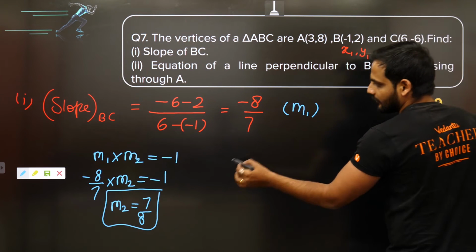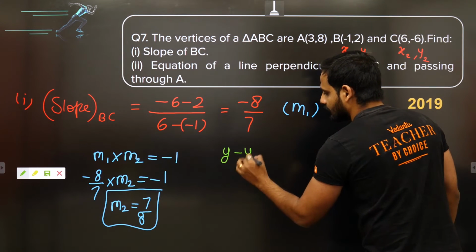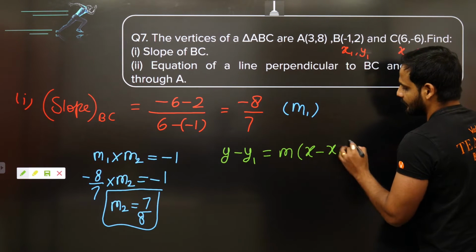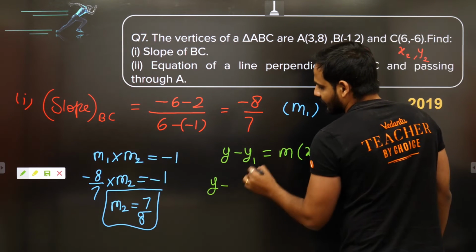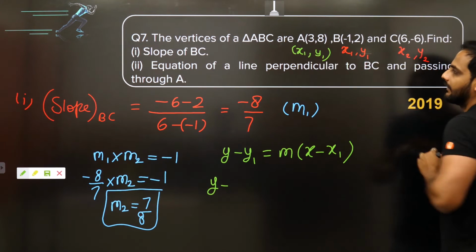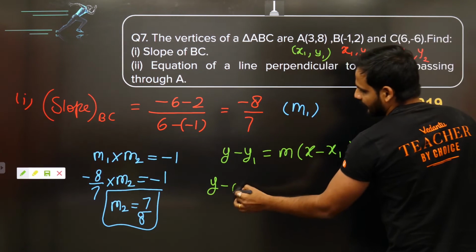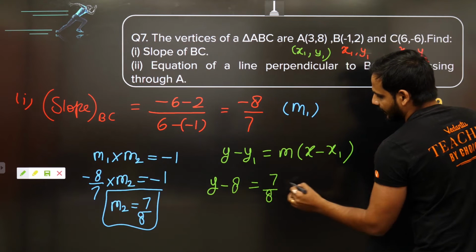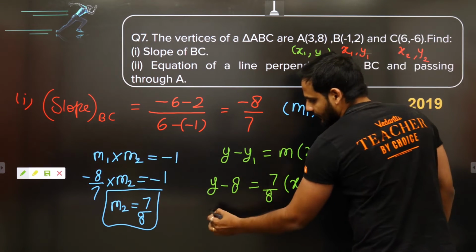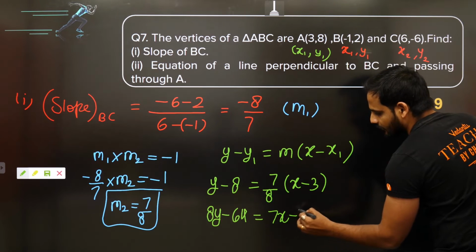I know the point and slope form is: the equation of the line will be y minus y1 is equal to m times of x minus x1. Here x1 and y1 are the coordinates of A. So it will be y minus 8 is equal to 7 by 8 times of x minus 3. Shift the 8 there: 8y minus 64 is equal to 7x minus 21.